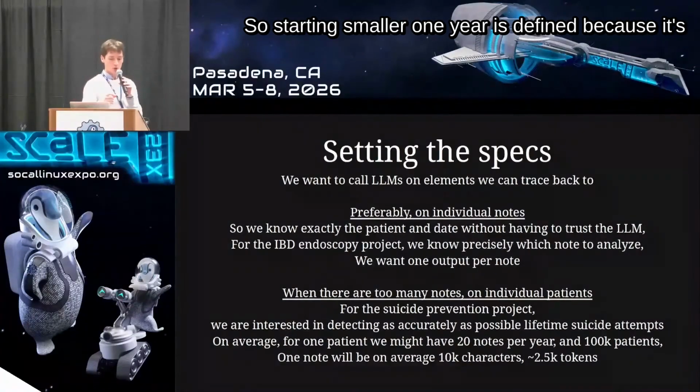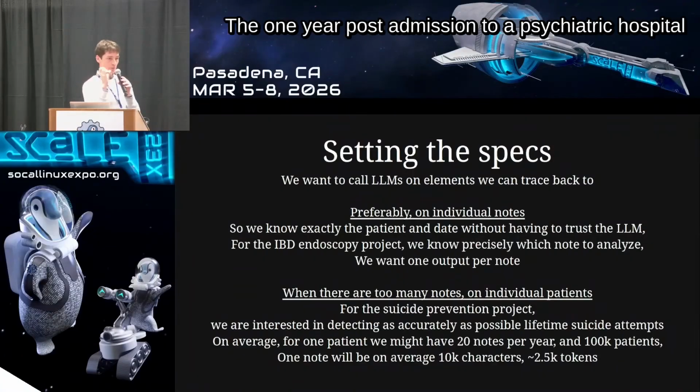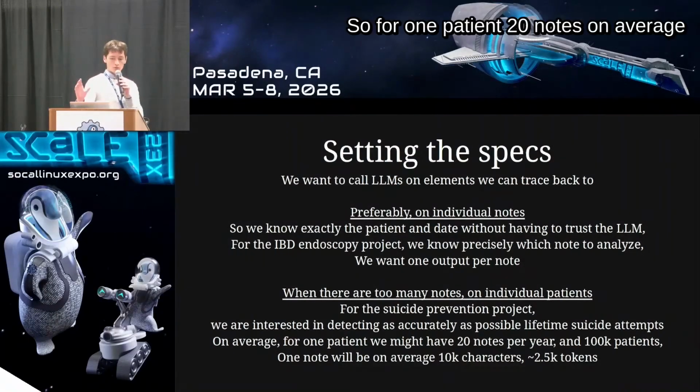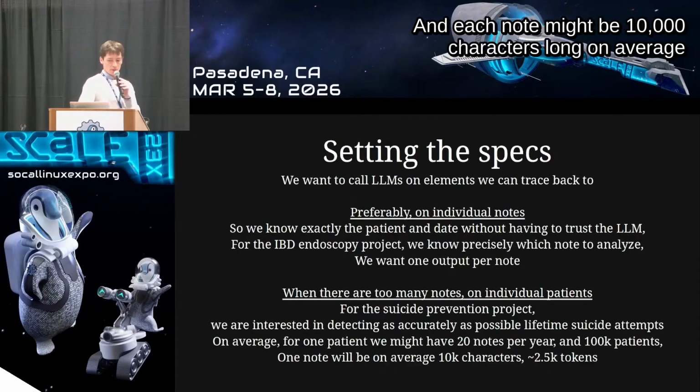So starting smaller, 1 year is defined because it's the 1 year post admission to a psychiatric hospital. So for one patient, 20 notes on average, and each note might be 10,000 characters long on average.